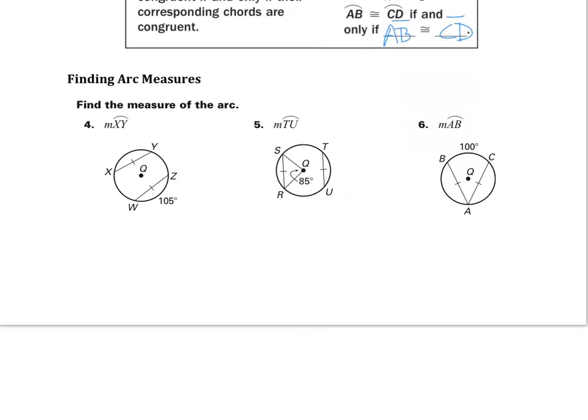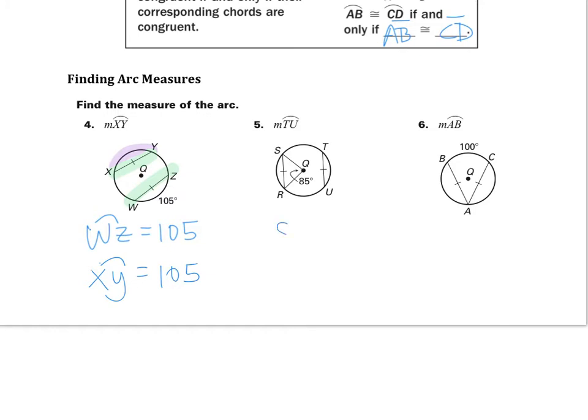So, some examples. Find the measure of arc XY. So I look and see I do have congruent chords and arc XY equals 105. In number 5, see that I have the central angle SQR.